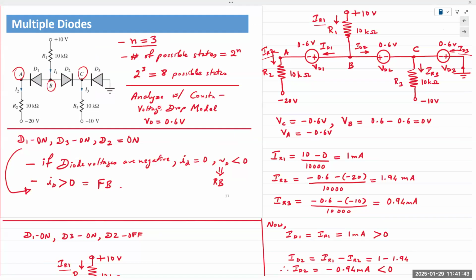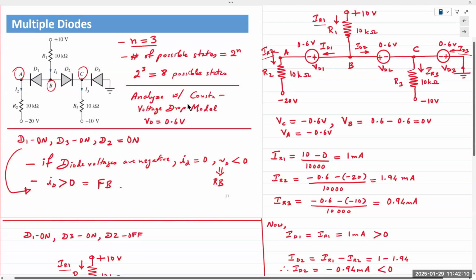So here, I'm going to use the constant voltage drop model. We are going to model it with 0.6 volts in the forward bias. We can analyze this with the ideal diode model also, but I'm going to choose the constant voltage drop model.